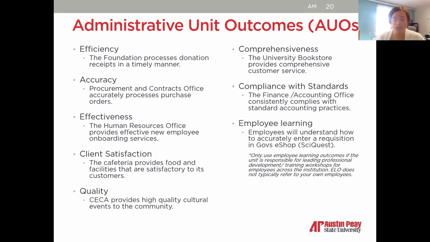So accuracy, for example, these are not Austin Peay offices, these are completely made up, but procurement and contracts. They might have an AUO for accuracy that says procurement and contracts accurately processes purchase orders. So the key of that is that they, for the measure, then decide what they mean by accurate. So like, what do we want that to look like? But this gives you the basic statement.